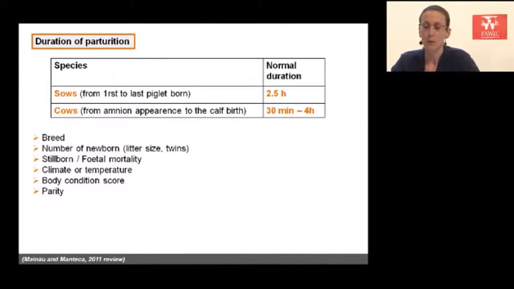That is very important because it is generally assumed that a primiparous mother has a longer duration of parturition than multiparous ones. So in general, we can say that a primiparous mother has a high level of pain during parturition.